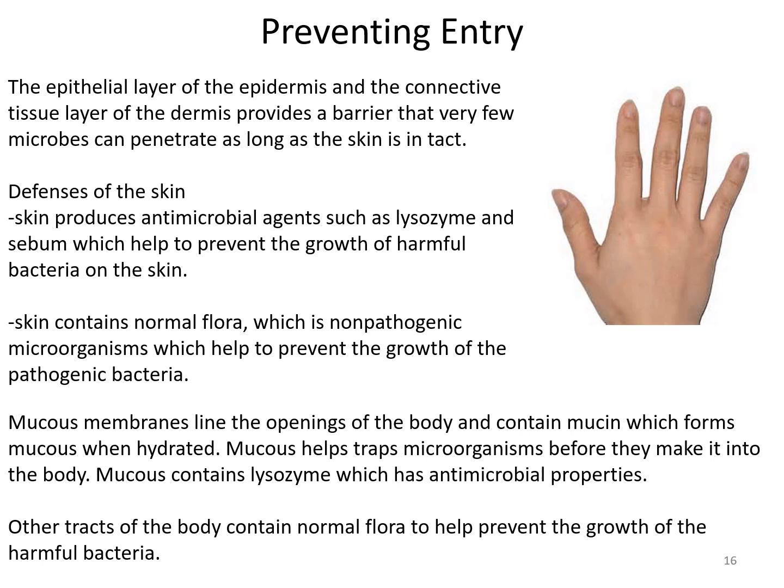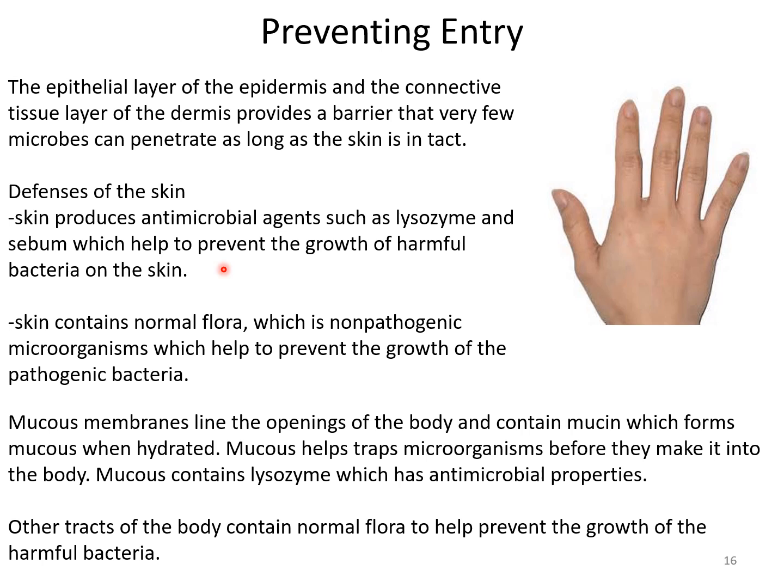So this tells you some of the different defenses of the skin. The skin produces antimicrobial agents, such as lysozyme. Lysozyme is kind of like our body's natural antibiotic. And sebum, which is oil. Both of those things are present on the surface of the skin, and they prevent the growth of harmful bacteria on our skin, so that bacteria don't just settle in and start replicating all over our skin.